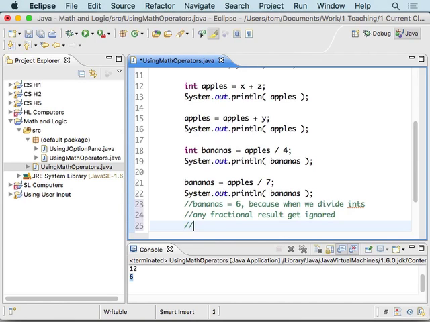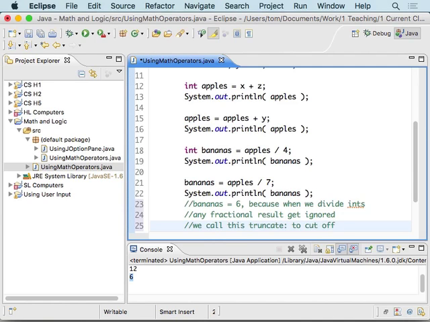It's like the computer can't even manage it, so it just ignores it. So the fractional part gets cut off, basically. It gets truncated.